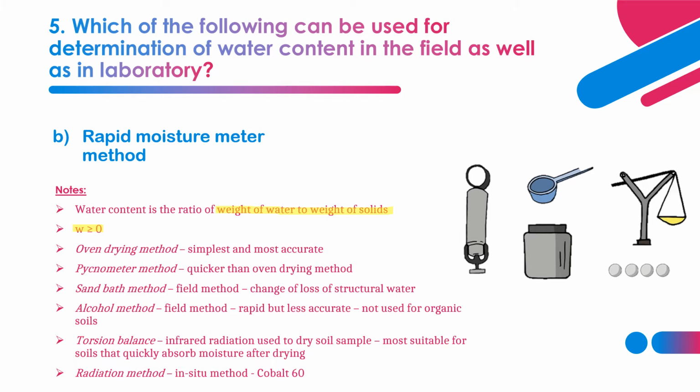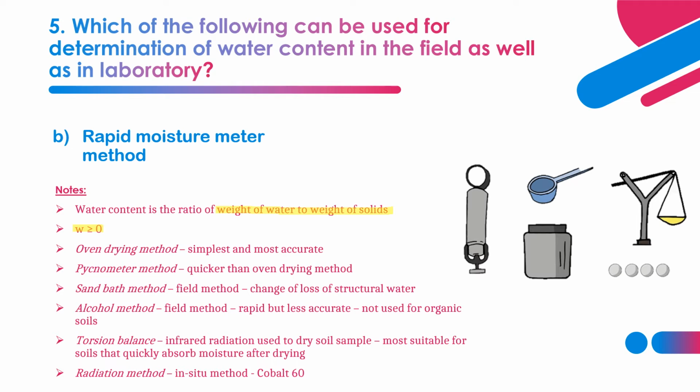Oven drying method is one of the methods, and it is the simplest and most accurate, and it is a laboratory method. Pycnometer method is somewhat quicker than oven drying method, and it is also a lab method. Sand bath method is a field method, and it can be used only in special circumstances because loss of structural water will happen.